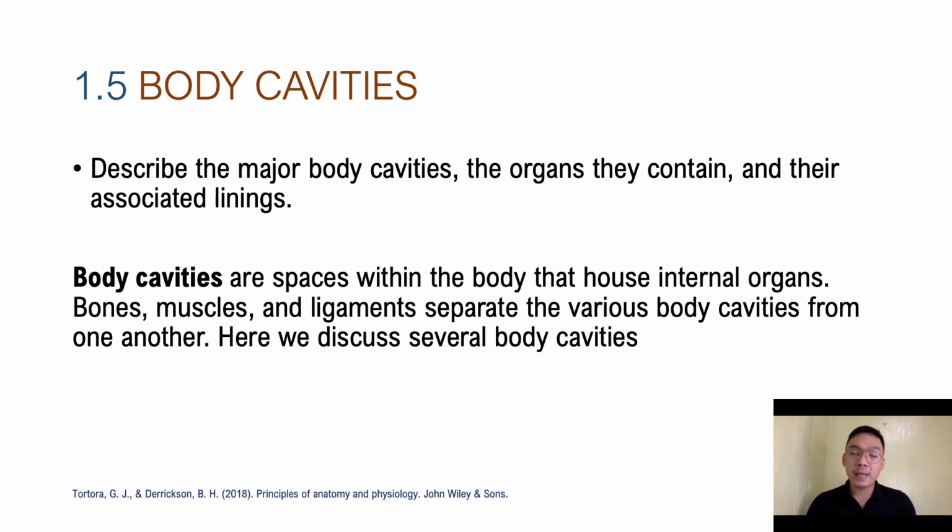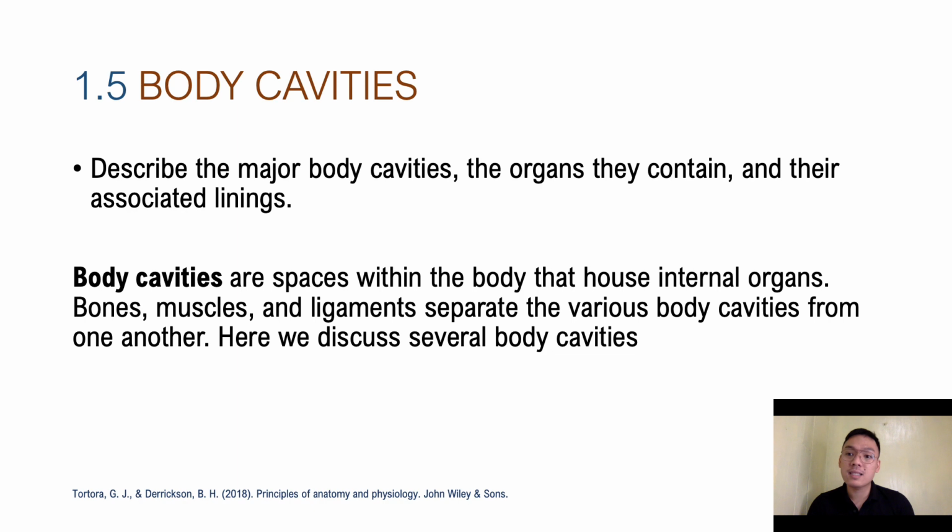We describe the major body cavities, the organs they contain, and their associated linings. What are body cavities? They are spaces within your body that house or store your internal organs. It could be bones, muscles, and ligaments that separate the various body cavities from one another.